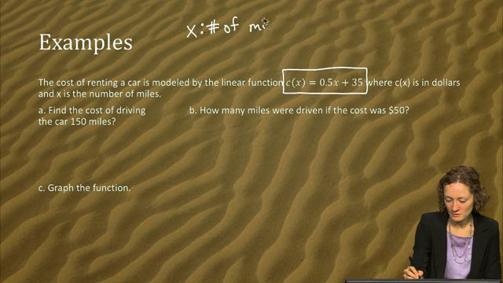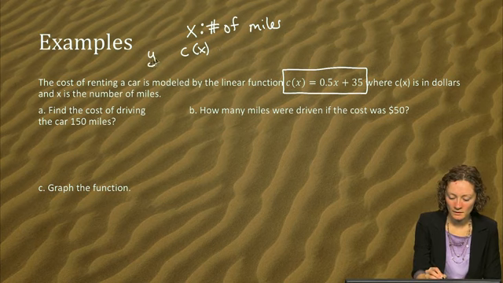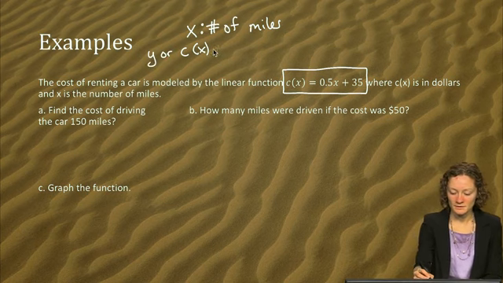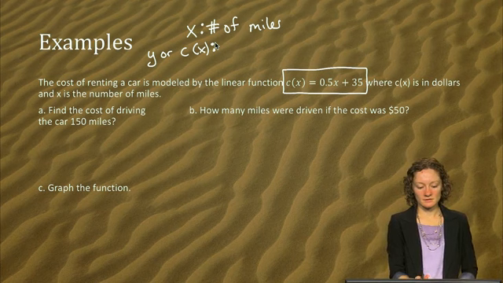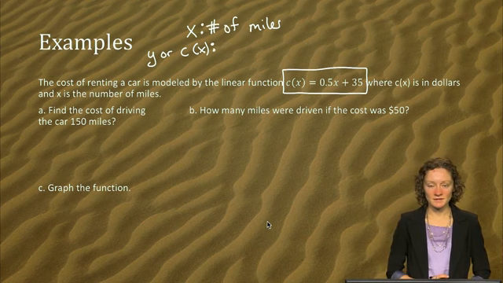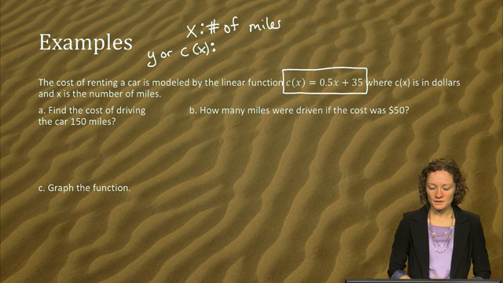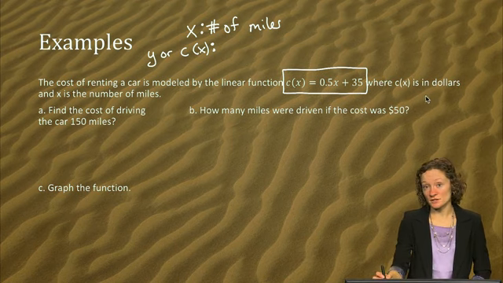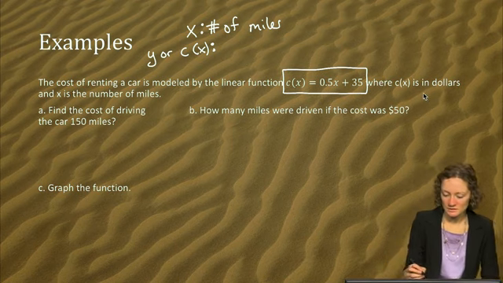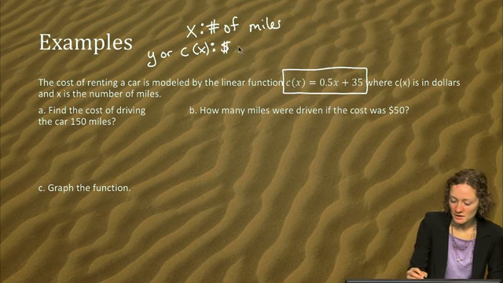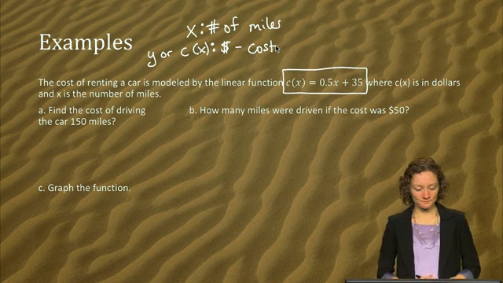And c of x, or you can write y, it's fine. What does that represent? Read through the sentence again. C of x is in dollars. So what do you think C of x is? If it's in dollars, it's the cost. And that's what the C stands for.